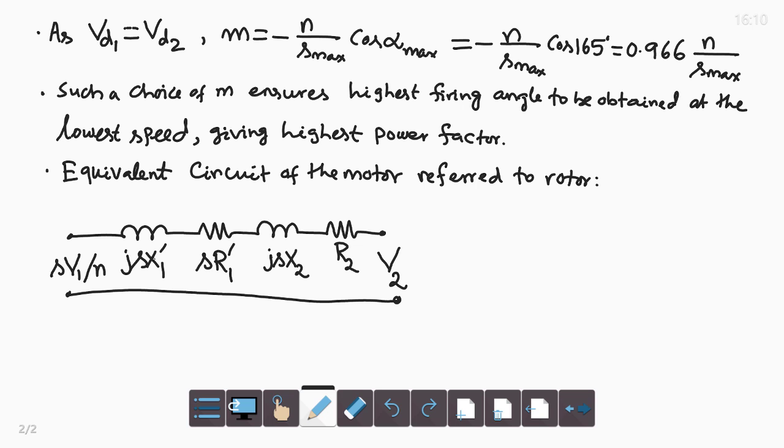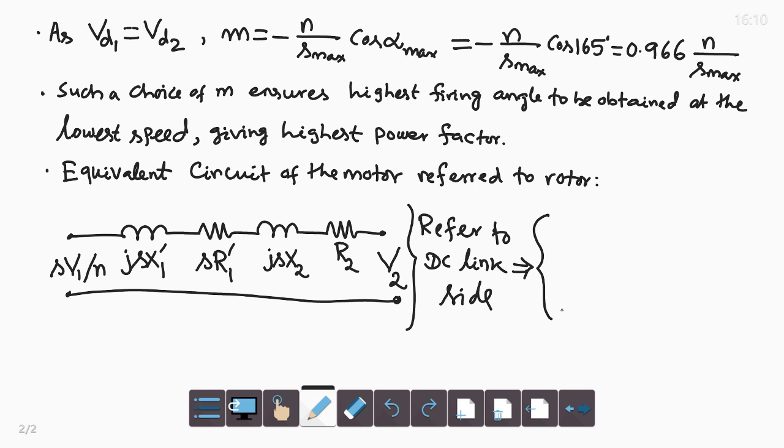Now, this equivalent circuit referred to the DC side, this equivalent circuit referred to the DC link side.